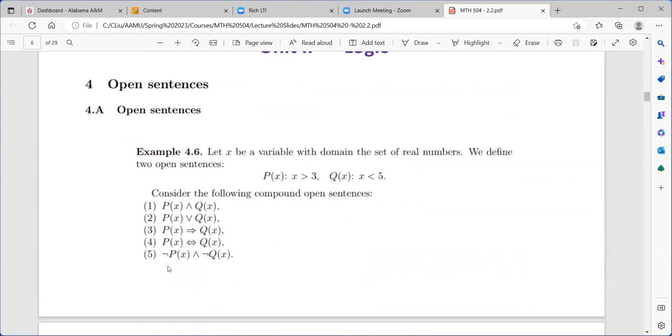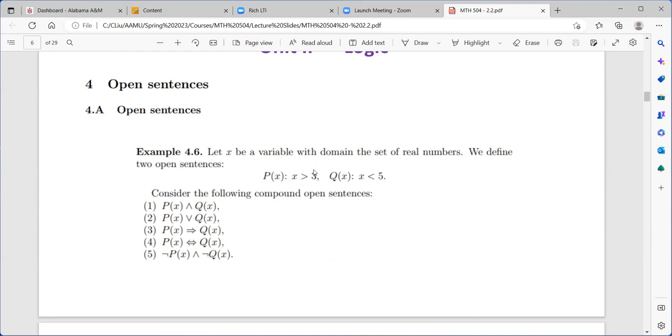And the last one is pretty straightforward. That is, you take the conjunction of negation P and negation Q. So in order for this compound open sentence, when you plug in a specific value of x, becomes a statement, for this conjunction of two statements to be true, each of them has to be true. So negation P is true when x is less than or equal to 3.